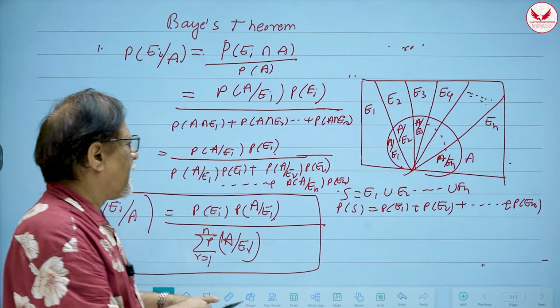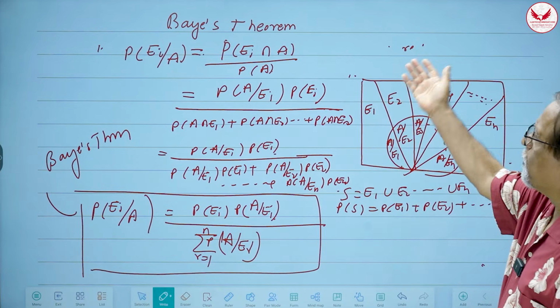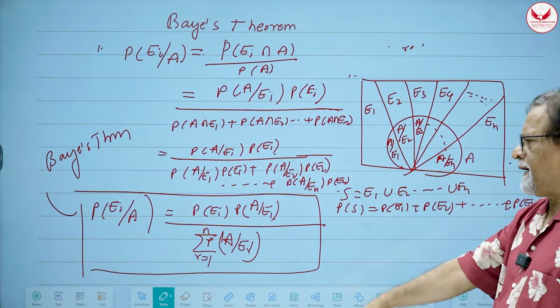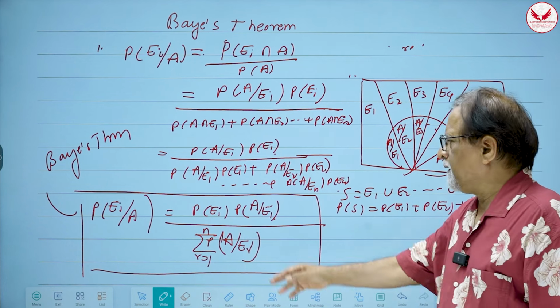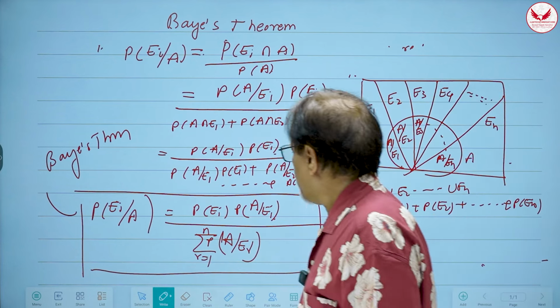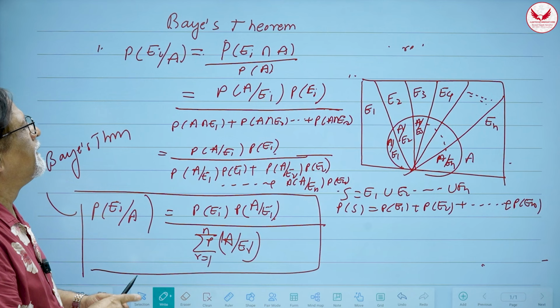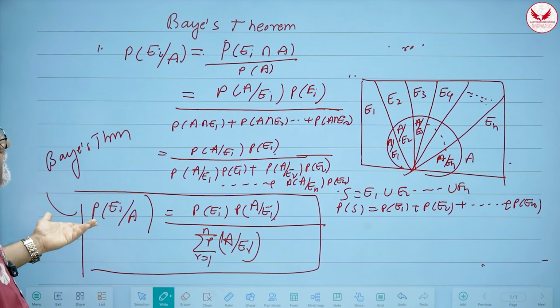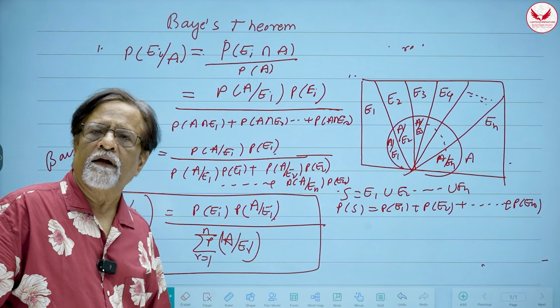For example, I'll give you one more problem of this type. Okay? So please note that probability of Ei by A is equal to probability of Ei multiplied by probability of A by Ei divided by summation of probability of Er multiplied by probability of A by Er, where r varies from 1 to n. That is the Bayes theorem. Is that clear? I hope you have understood this theorem very clearly. Okay.